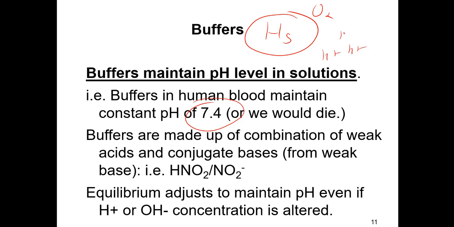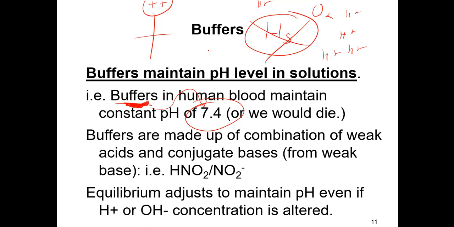So if you have really acidic blood, for example, then you kill the oxygen-transporting hemoglobin proteins, and then you may suffer from loss of life. So it's important to maintain a specific pH in your blood. So we have a bunch of buffers inside your blood, and they maintain that pH of 7.4. So that way your blood pH won't change.